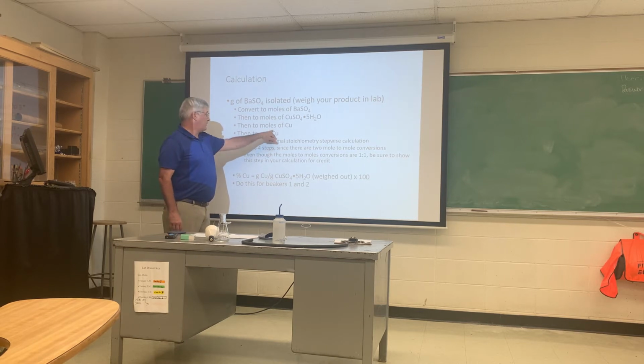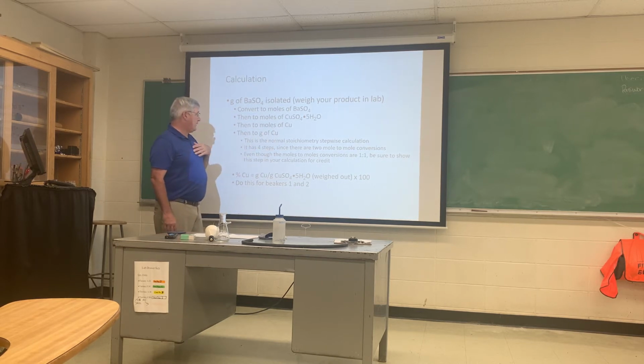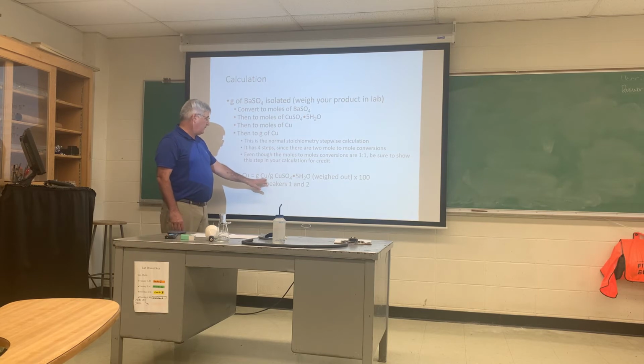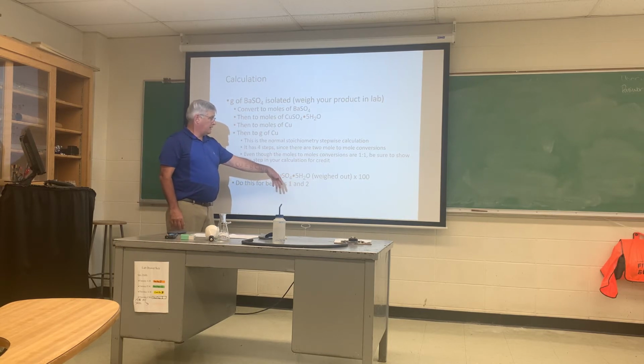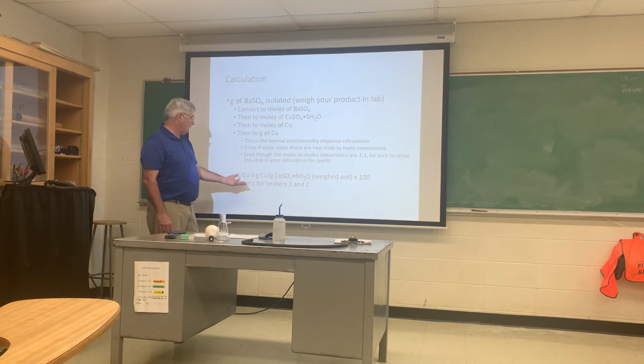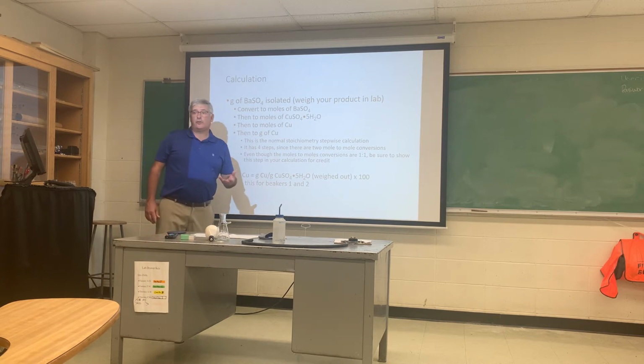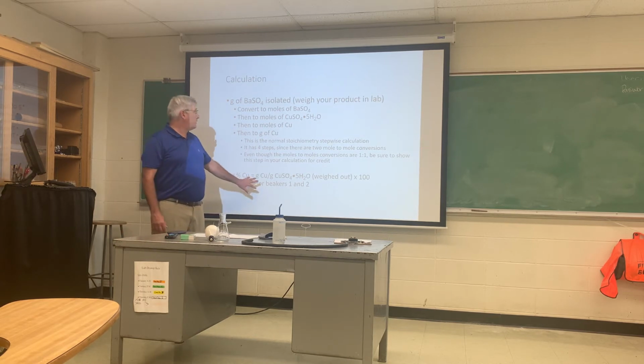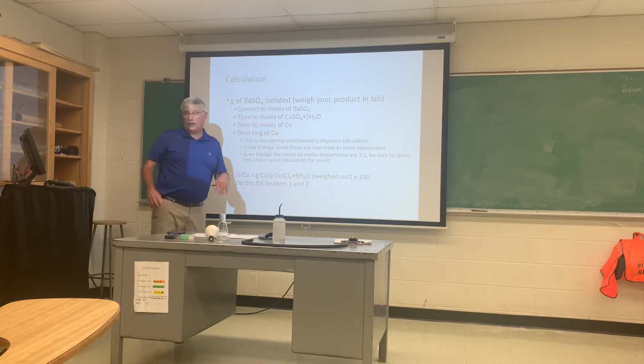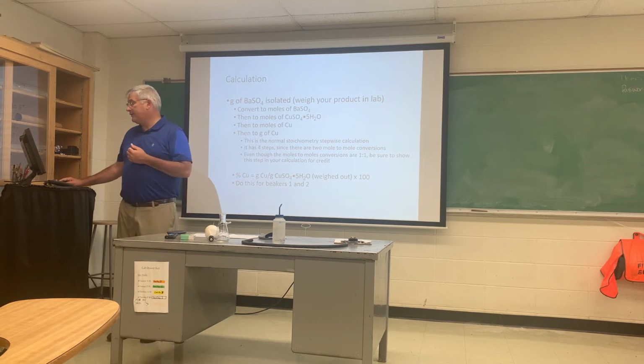And so once you get this grams of copper, then you can find the percent copper from the weight that you started with. That's shown down here: the grams of the copper that you found divided by the grams of copper sulfate pentahydrate, and you're going to do this for beakers 1 and 2. Okay, so that's the analysis for runs 1 and 2.